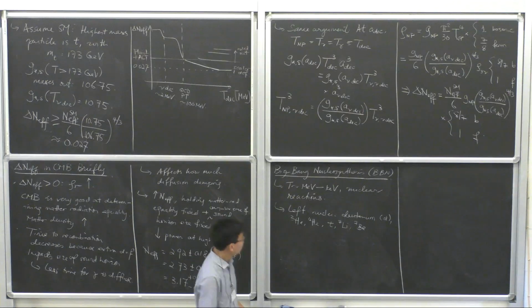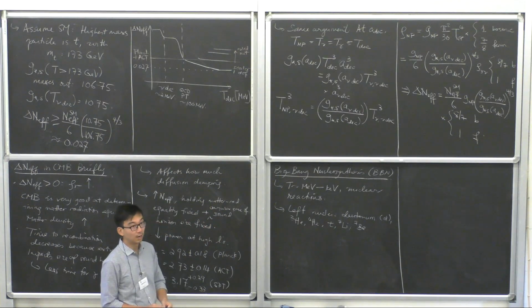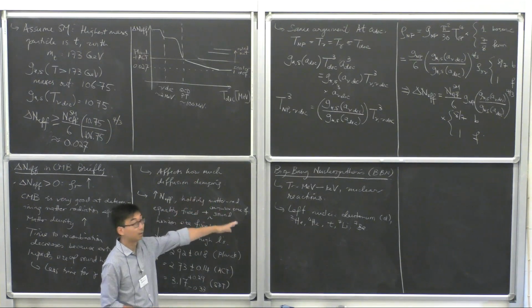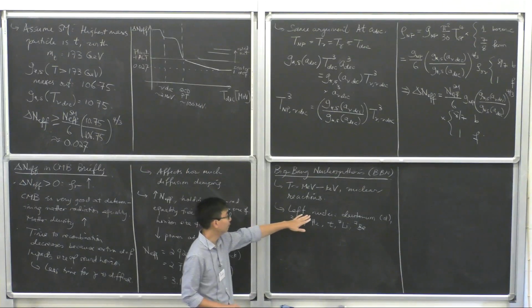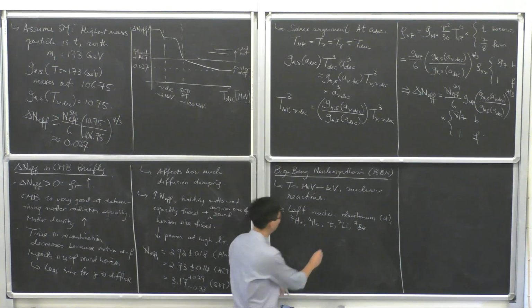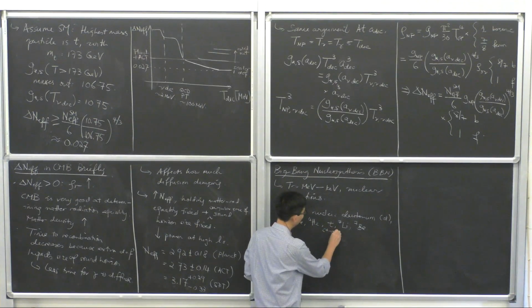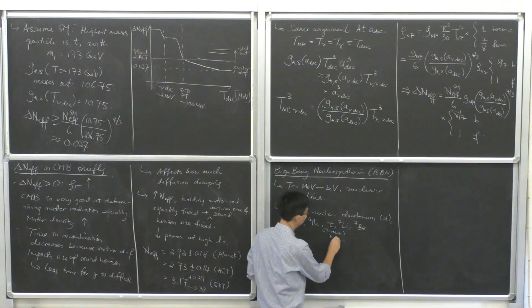Okay. So what we want to do is we want to try to predict what the abundance of these elements are. This is tritium, which is 3H. This is 2H.